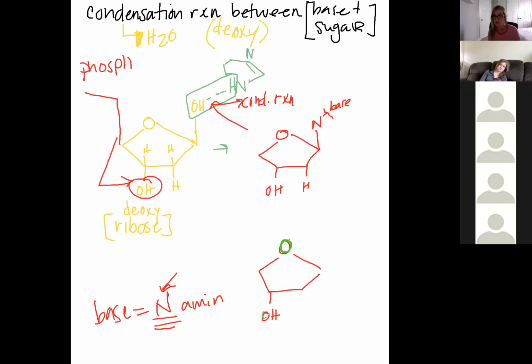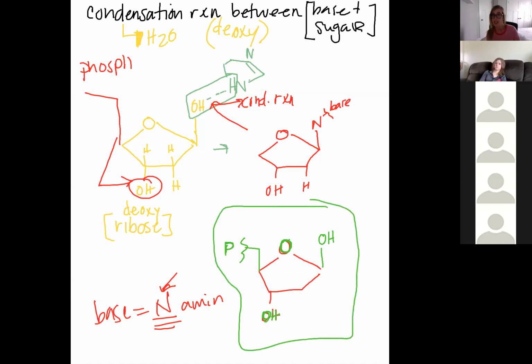It's always going to be 5. You're always going to have this, and you're always going to have, I'll draw it like this, P. Okay. So all your base sugars should look like this. How do we differentiate? I will draw in purple. This changes.